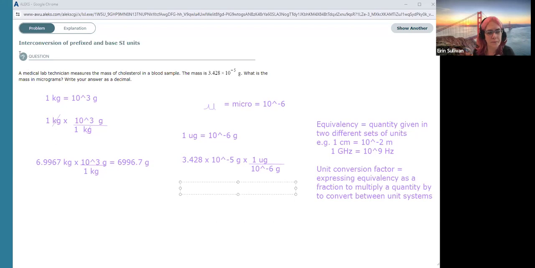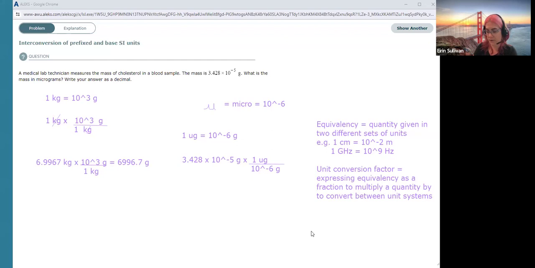So, let me pause this a second. So the way I would put this in my calculator, I would open bracket and type in the 3.428 times 10. My calculator has a y to the x button, so I'd push that. If I'm worried about the negative exponent, I'd open bracket and I'd hit the plus/minus button that I have, which is not next to my plus, minus, divide, times buttons, right?